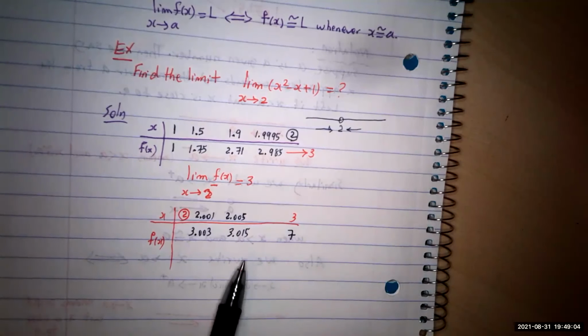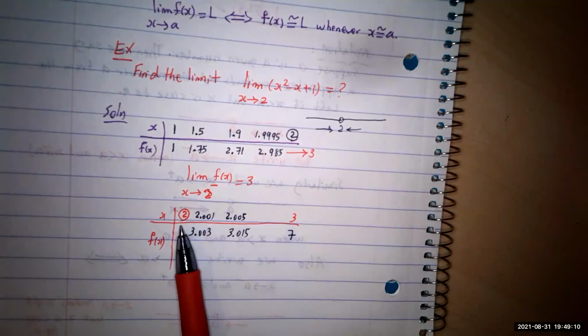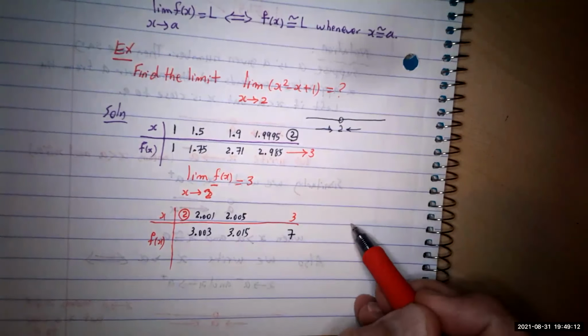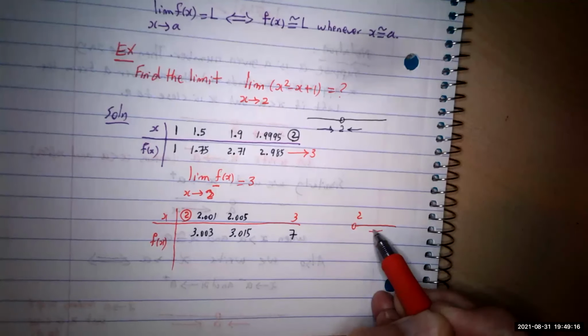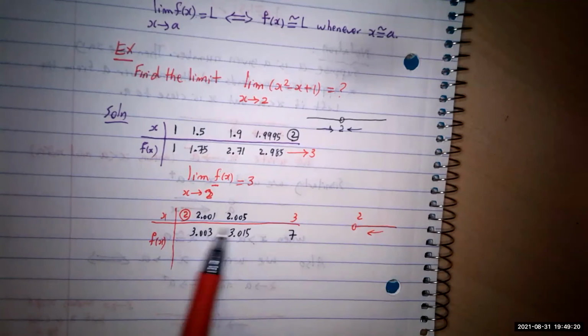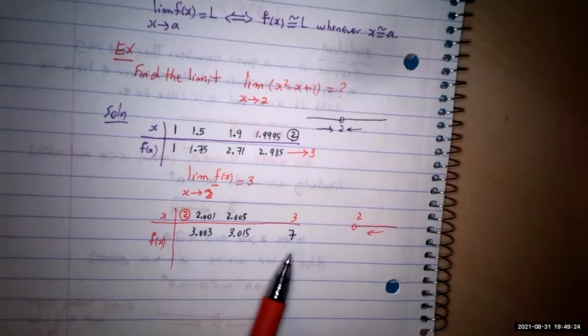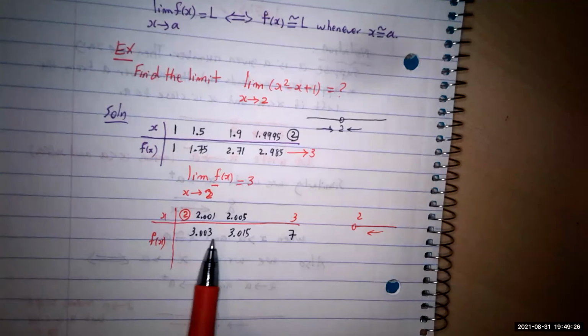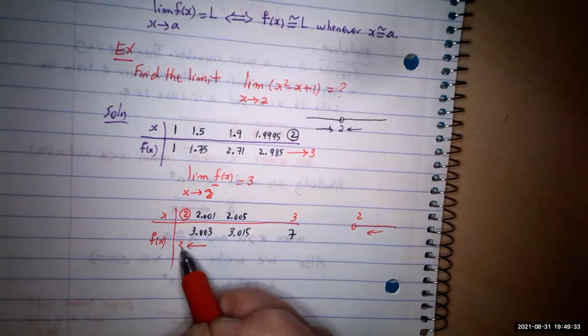So as you can see, again, as you're getting closer and closer to 2 from this direction, the value of x would be rounded up to 2, and the value of y, the function, would again be getting closer and closer to 3.